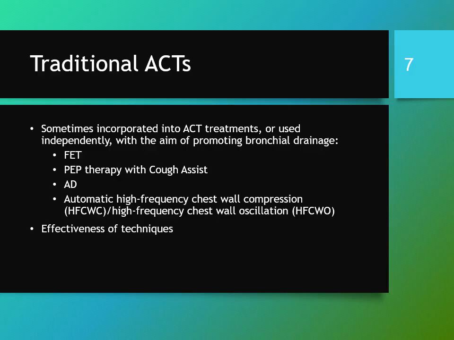Autogenic drainage, or AD, is a series of breathing exercises designed to help patients that have bronchiectasis or CF loosen secretions from the smaller airways and get them up and out. So it moves secretions from the very, very small outer airways to the middle airways, and then helps to increase how deeply they take a breath in.